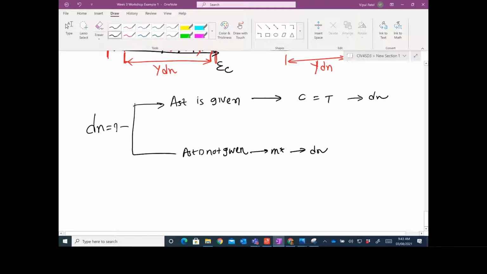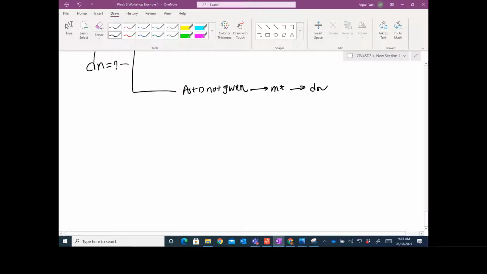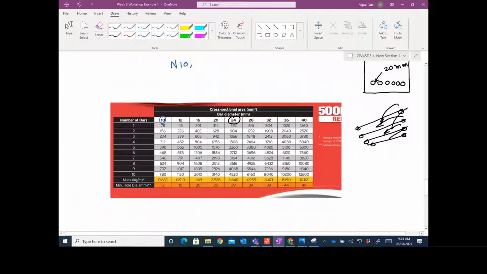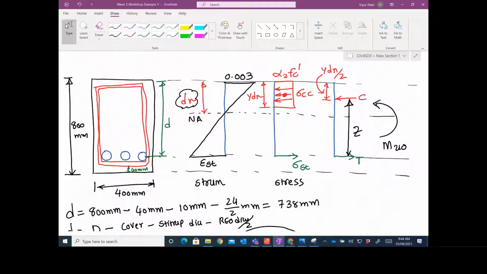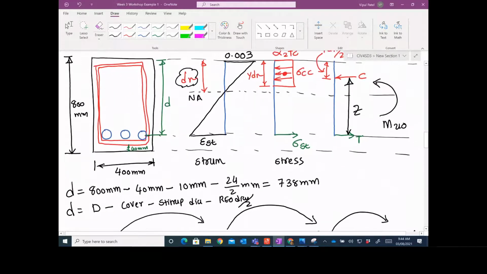Let's say concrete compression force. We found the strain. So strain is not an issue for us, because we have 0.003 and epsilon st. We need to find this stress and force. So let's calculate the concrete stress first.